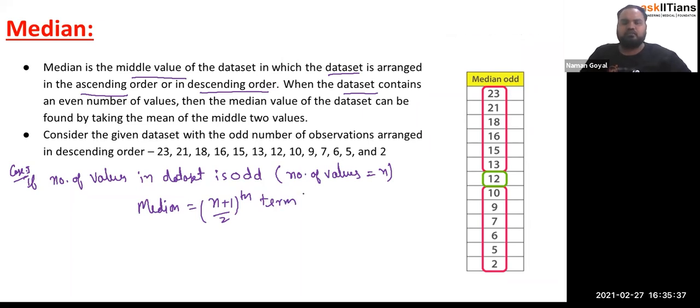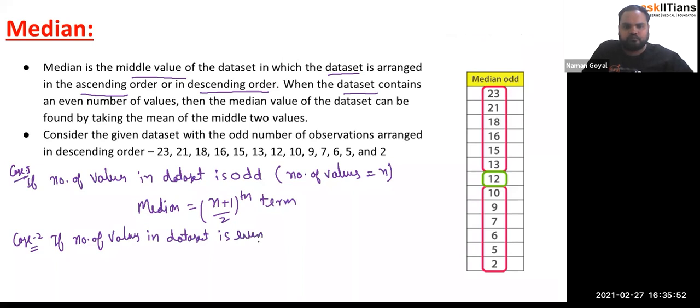Next, case two: if the number of values in the data set is even, where the number of values is again n.